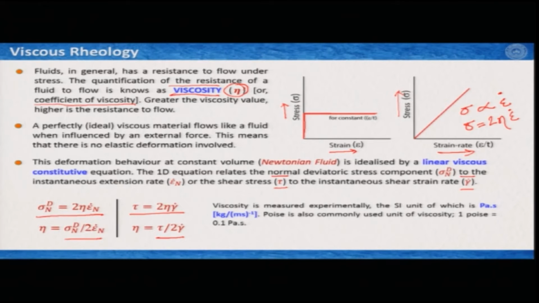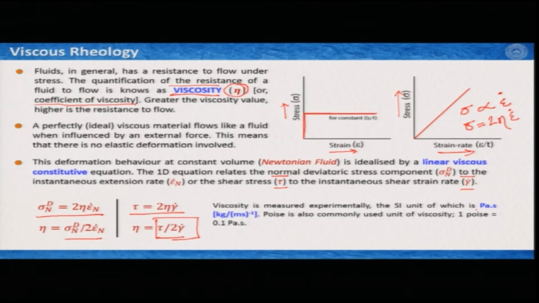The SI unit of viscosity, as you can see, if I look here, I have stress, so the unit is Pascal, and then I have strain rate. Strain does not have any unit, so strain is unitless or dimensionless, but time has the unit second, and time comes in the denominator of the denominator. So, it would be Pascal multiplied by second.